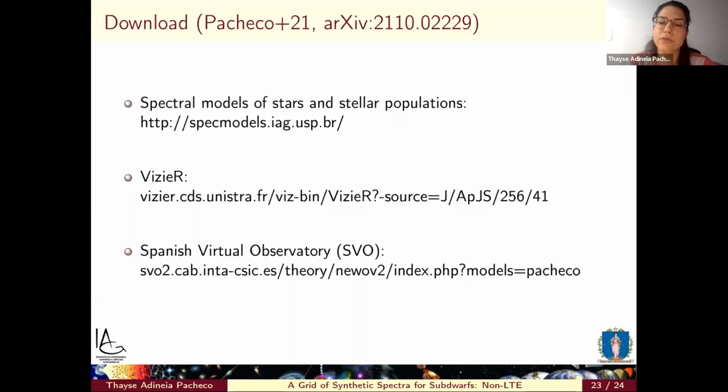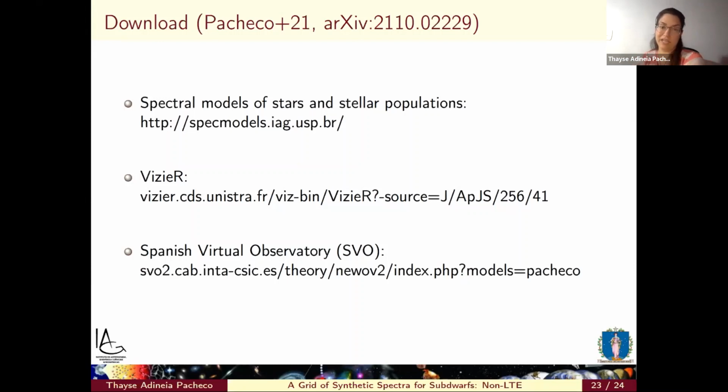We intend to cover the parameter space, the square parameter space, so between 10,000 Kelvin until 65,000 Kelvin. And of course, it's important to have a thinner spacing.